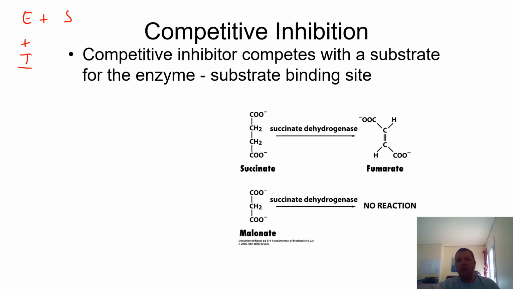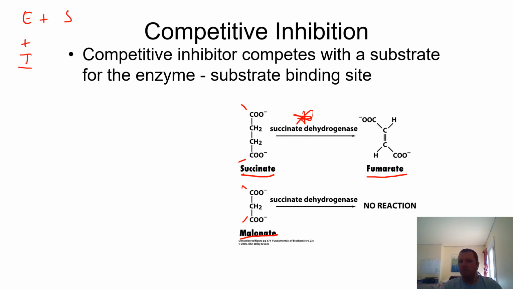So in some cases, as is indicated right here with the enzyme succinate dehydrogenase, which naturally is going to take succinate and produce fumarate, you have a molecule that's somewhat similar in structure, malonate. Malonate has two carboxylic acids, just as succinate has two carboxylic acids.